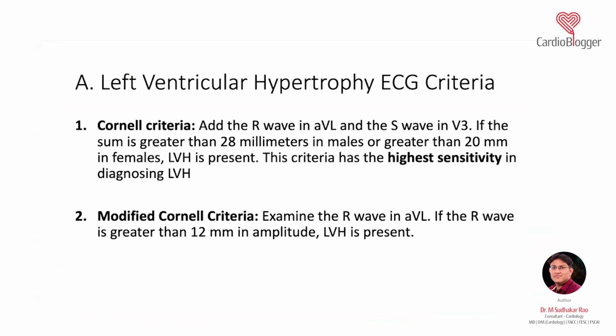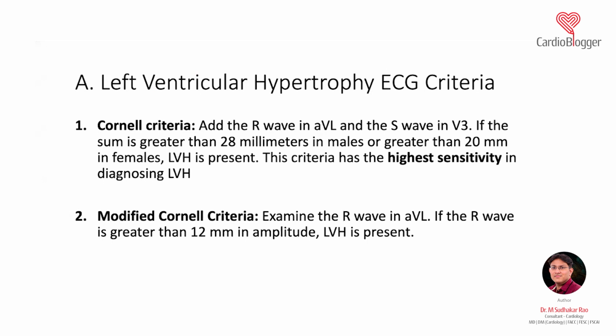Now again, if you give me a choice of which is more severe, RVH or LVH, I may not be able to tell, because it depends on the clinical condition which is causing RVH or LVH. Even if you have a small disease like hypertension, if it has produced LVH in your ECG, you have to be very careful because it means that there is already end organ damage.